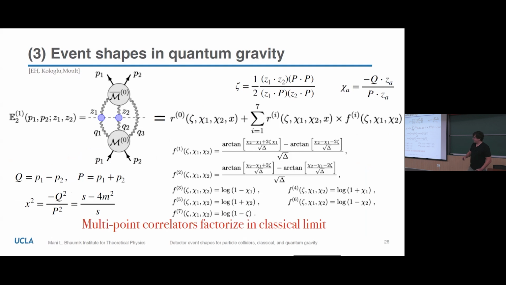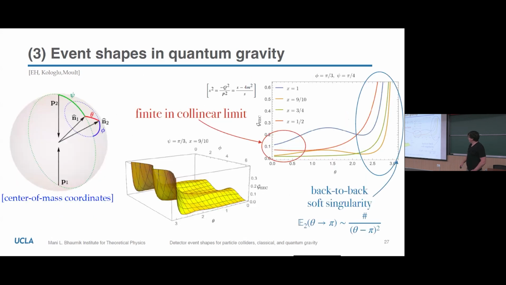One thing I want to mention is that these results are relatively simple. These are nice objects that have simple theoretic structures. Here, at leading order, these are just given by weight one functions in terms of logarithms and some arctangents, with some rational prefactors and so on. Once you have the result, you can actually study its limits.